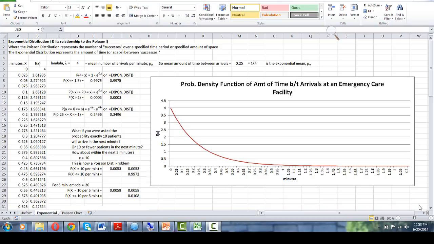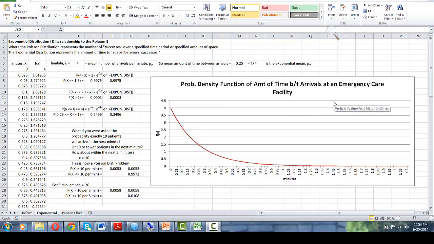So you don't have to go in and try to integrate the exponential function each time, depending on what the values of interest are. So we'll look at that, and then we'll look at how the exponential and the Poisson are related.